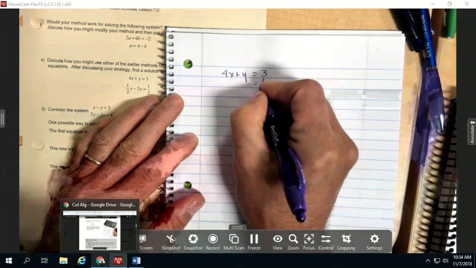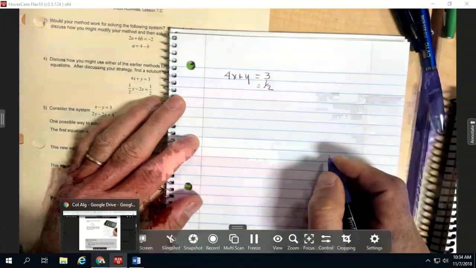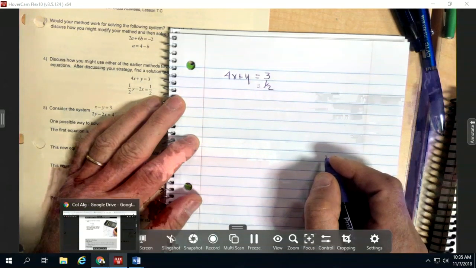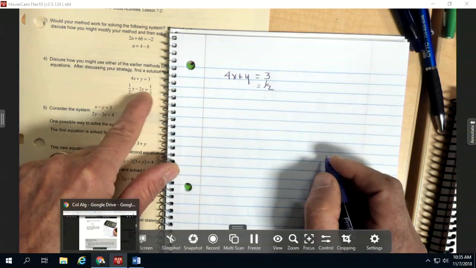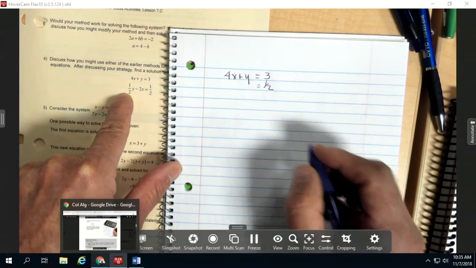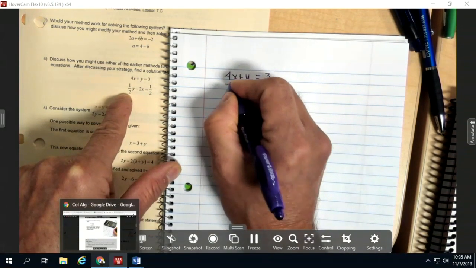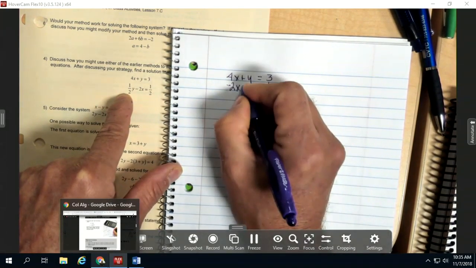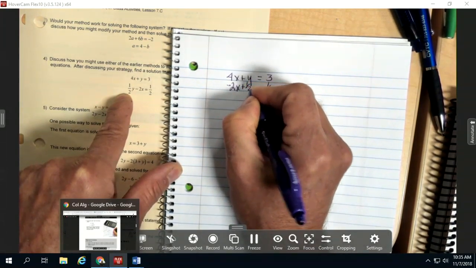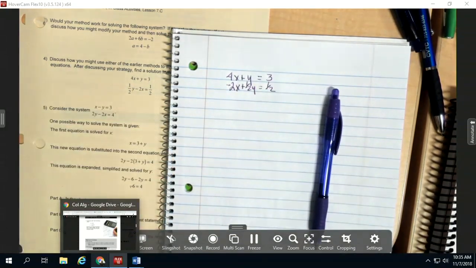The second one is a half. I'll agree with that. But they switched up the variables to kind of confuse you. Always write the x first. Negative 2x plus 1/2 y equals 1/2. Everybody ready? You got that?